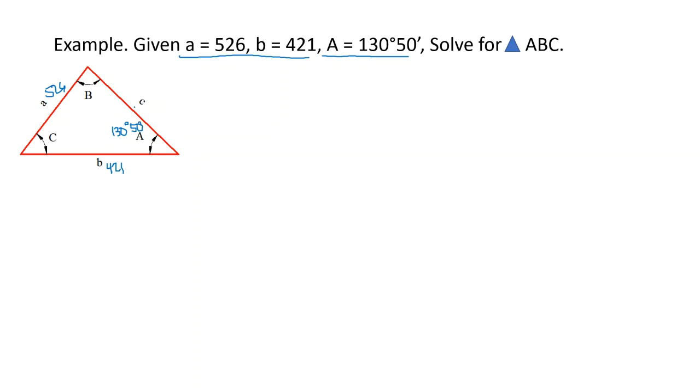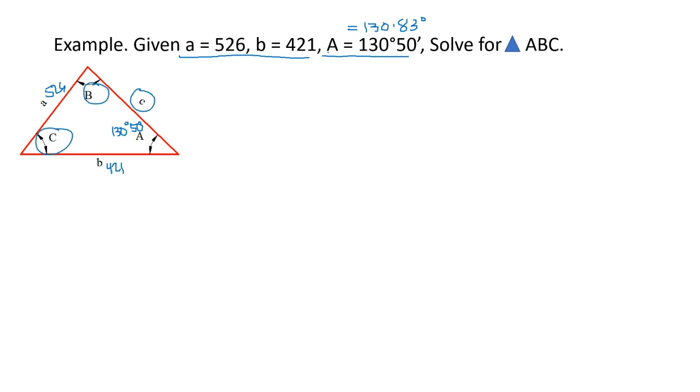If you solve for the degrees, that is equivalent to 130.83 degrees. So we need to solve for the missing parts of our triangle, which are angle B, angle C, and side C.